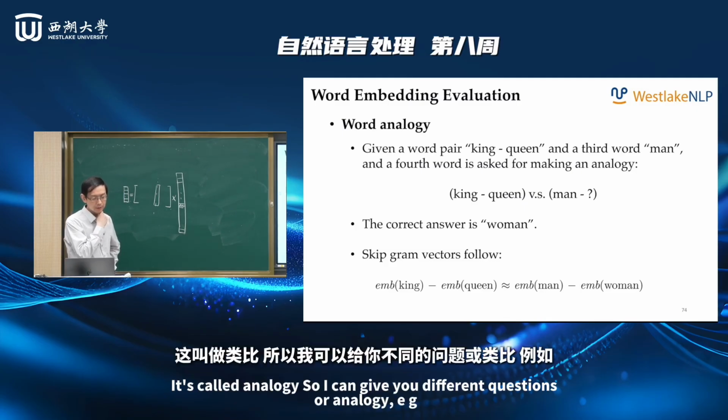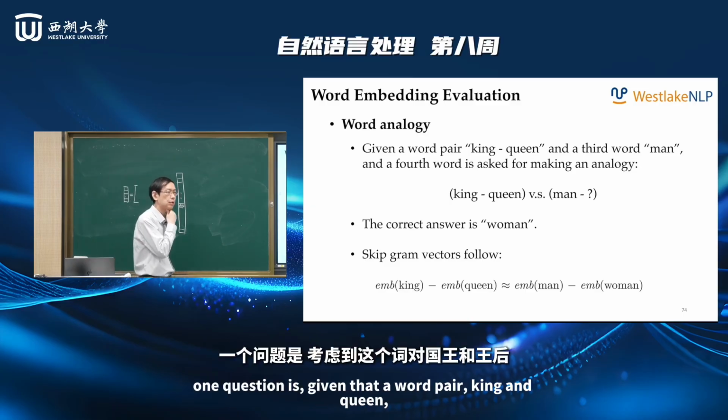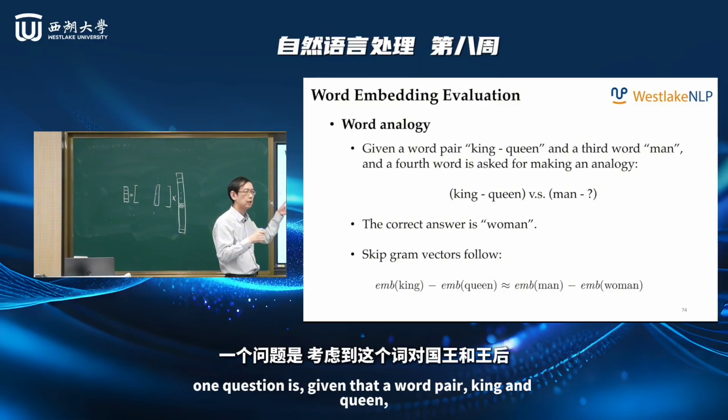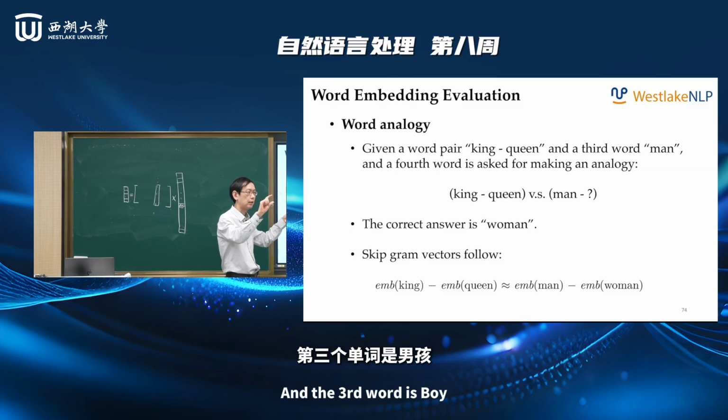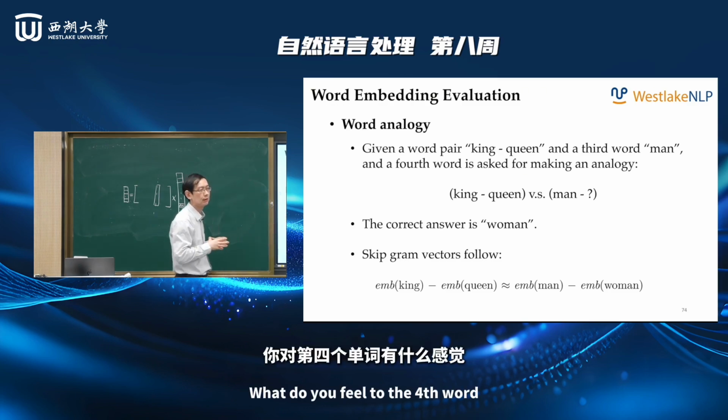So I can give you different questions on analogy. For example, one question is, given that a word pair is king and queen, and the third word is boy, what do you think the fourth word is?